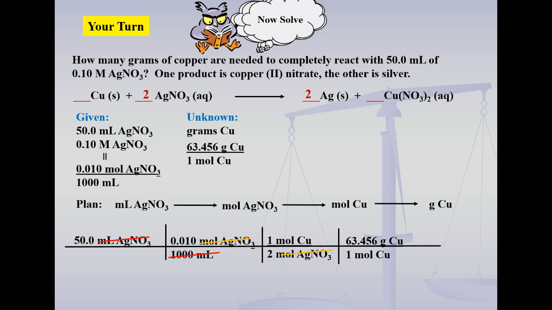And now, the final answer. Oh, after we divide out the units. How awkward. There you go. 0.0158 grams of copper. All right, that's molarity.